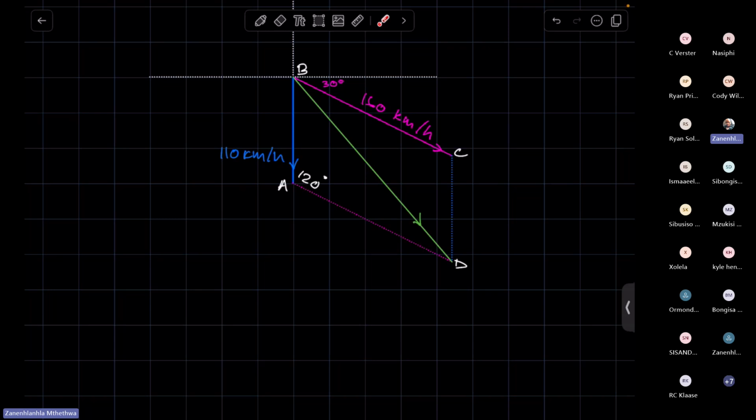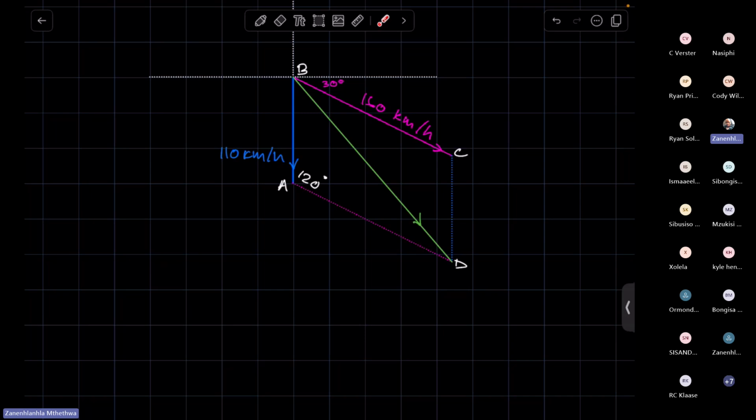Now, if you look at the angle 120 degrees, would you say this angle is an included angle? An included angle is an angle that is between two sides meeting at the same point, that we know the magnitude of. Yes, sir. It's an included angle.